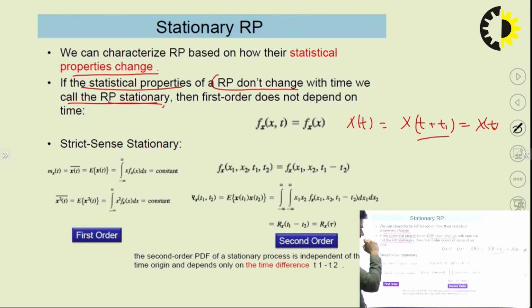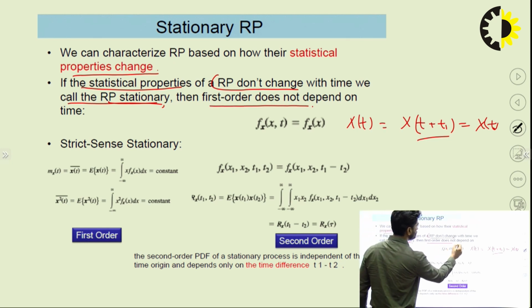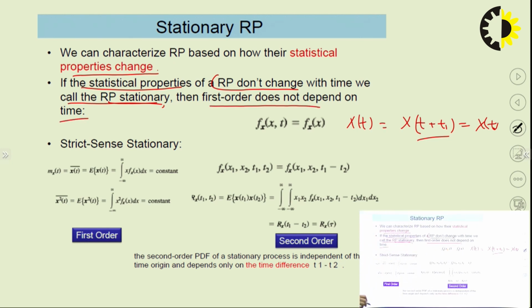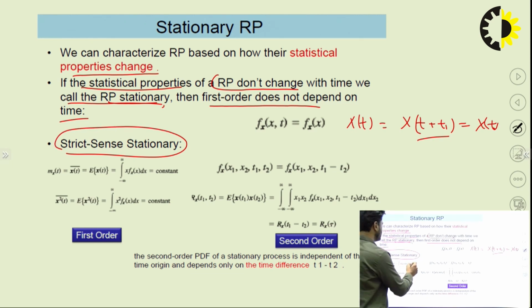First order does not depend on time, meaning if we change the time, it will not change the statistics of the random process. Now, strict sense stationary, SSS, has some additional conditions. The mean will remain constant for the first order, and the mean square value remains constant.